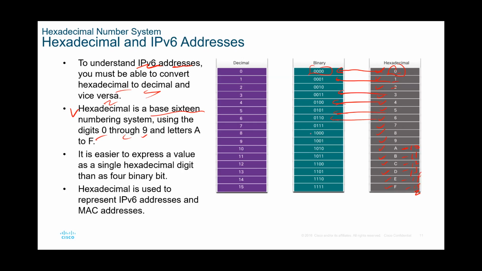So since I know that one hexadecimal digit is equivalent to 4 binary values, then I don't have a problem if I want to convert from hexadecimal to binary or vice versa. So let's pick one of the numbers in hexadecimal. If you were given something like, let's say, 9 to convert to binary, this is what you're going to get.